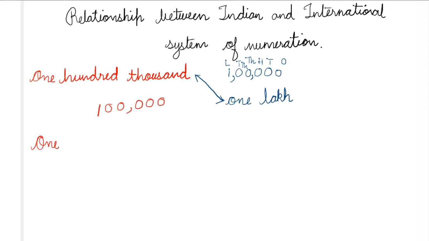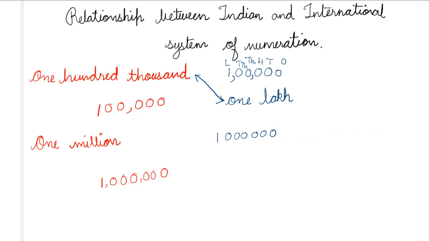Similarly, we'll move on with another example. My next number is 1 million. Now I'm going to write 1 million in the numeral form: ones, tens, hundreds, thousand, 10,000, 100,000 and 1 million. Our next step is to write the same number without commas. So it is 1 followed by 6 zeros.